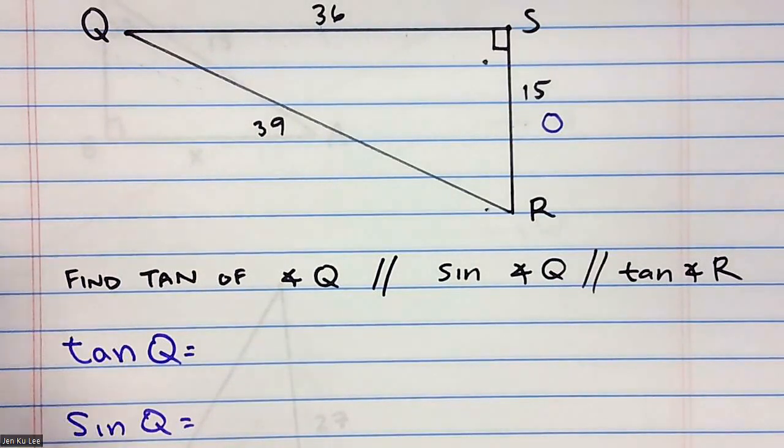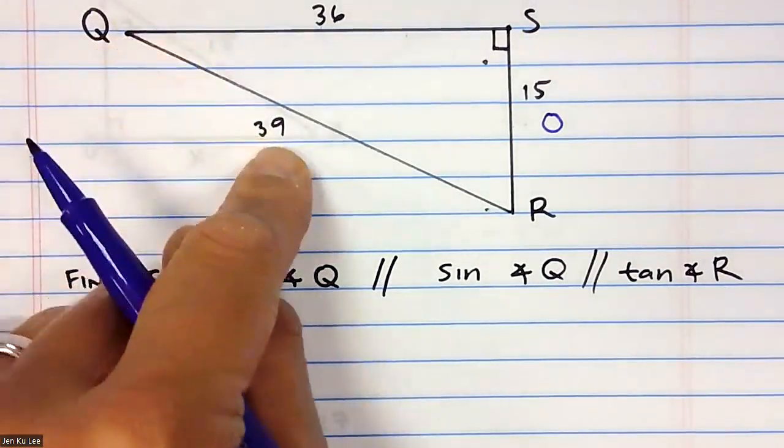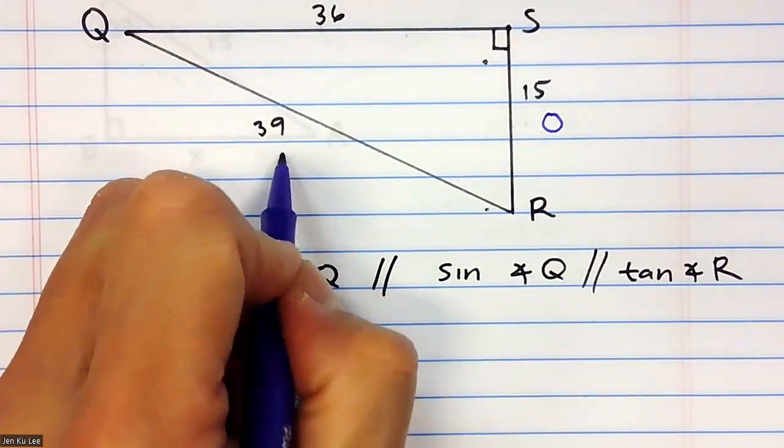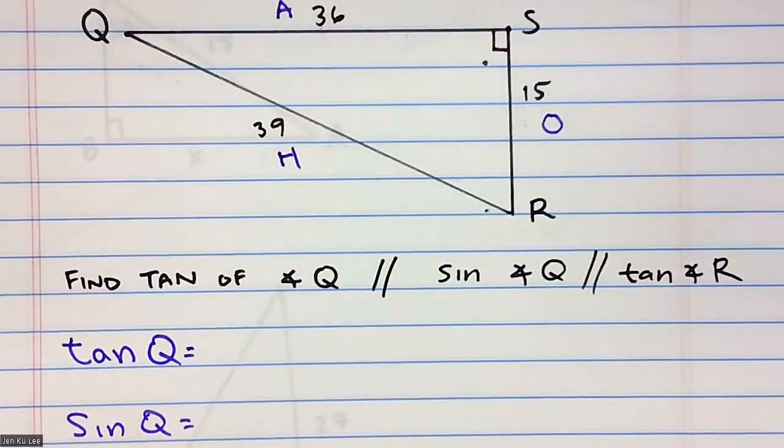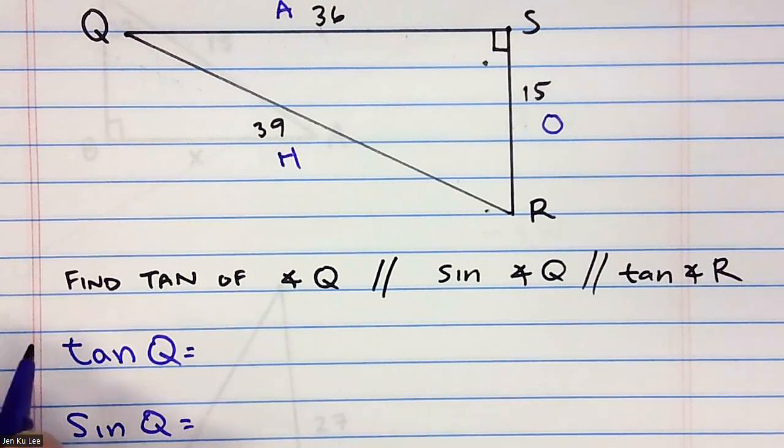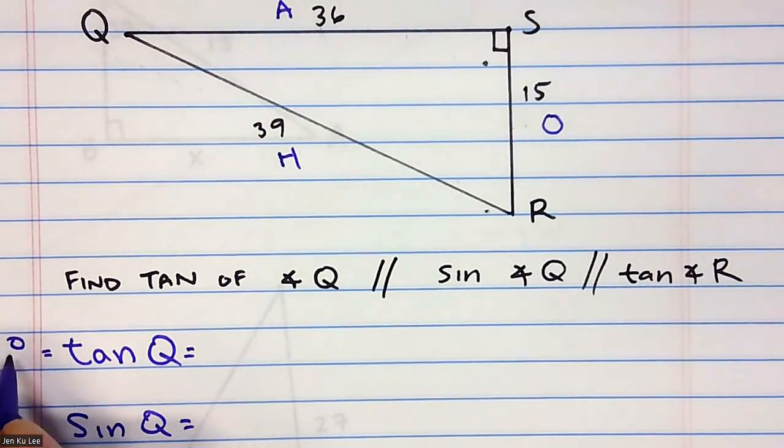Okay. What is 39? Hypotenuse. So then this must be my adjacent, right? Okay. So tangent is TOA, because it's tangent, right? So if you just spell TOA, it's O over A, correct?